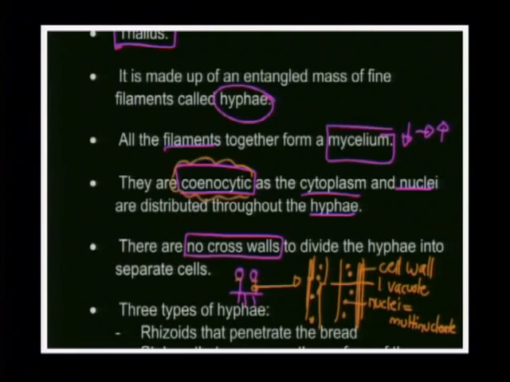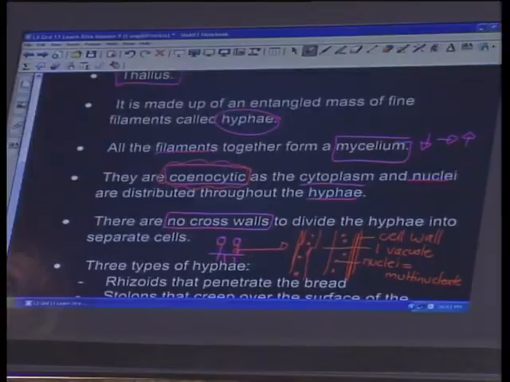Why? Many nuclei makes you multicellular. No cross walls makes you unicellular. And that's why this term, cenocytic, is a special word for fungi and means that they're both multi and unicellular. Learn that word. It's an important terminology word.